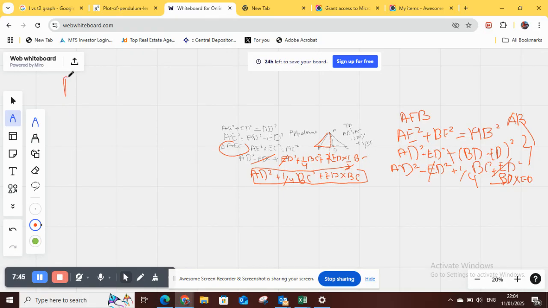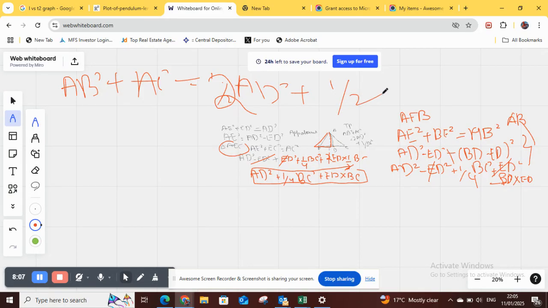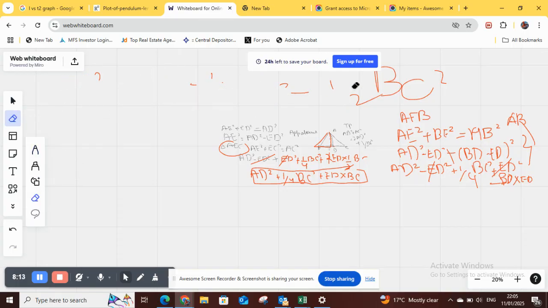We need to prove the theorem that AB squared plus AC squared is equal to 2 AD square plus half of BC square. We need to prove this thing, right? So just a reminder.